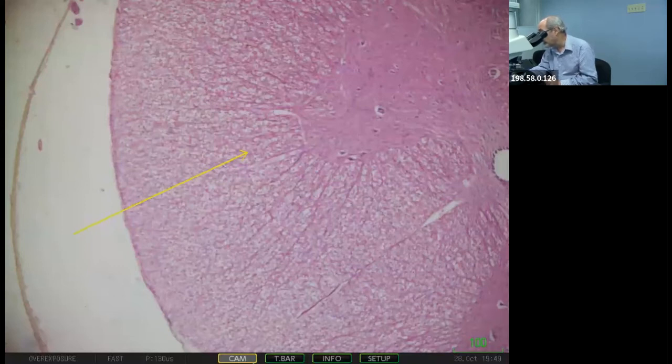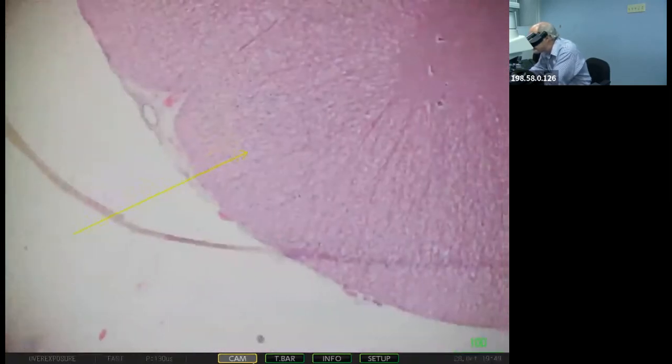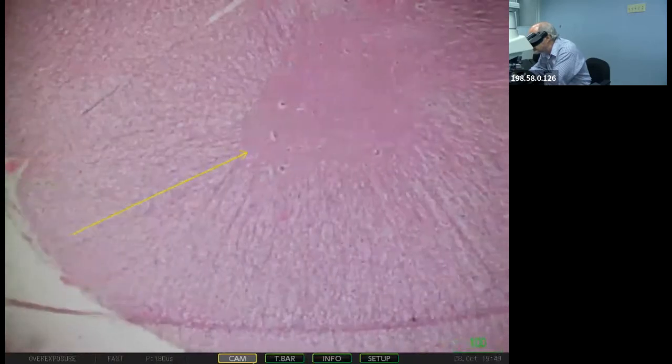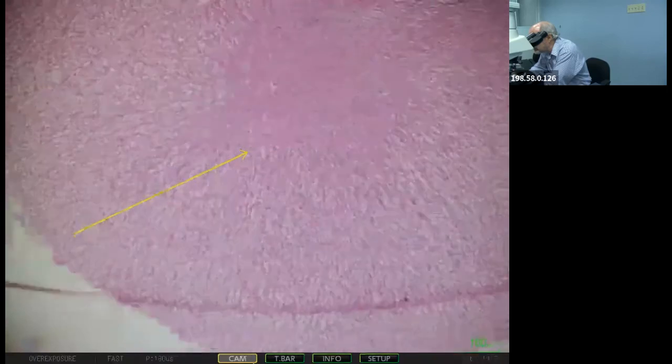Because if we ask you just a question about the neuron, these motor neurons are not very specific by themselves. So we need to help you by showing you the location where you are. So you have more motor neurons here.